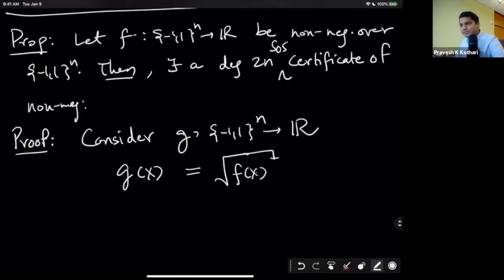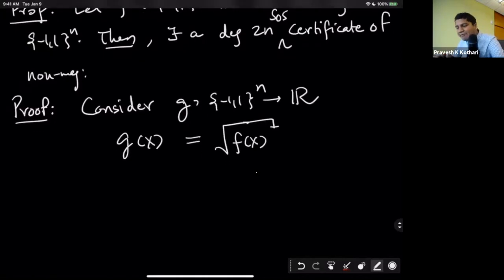So the value of g at any x is just the square root of the value that f takes. Now, the only thing we are going to use is that every function on the Boolean hypercube is a polynomial of degree n.